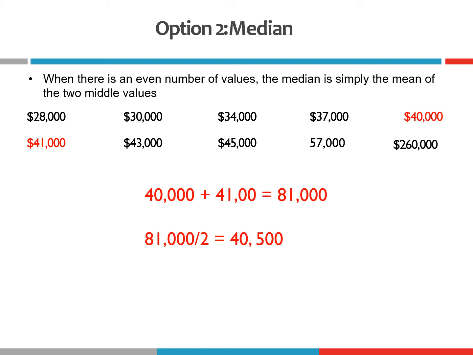And above the 41,000, there are 1, 2, 3, 4 scores. So those two values are clearly our middlemost values. And we would simply calculate the mean of both of those values. So we have 40,000 plus 41,000, and then we divide the sum by 2, and we get 40,500 as our median.